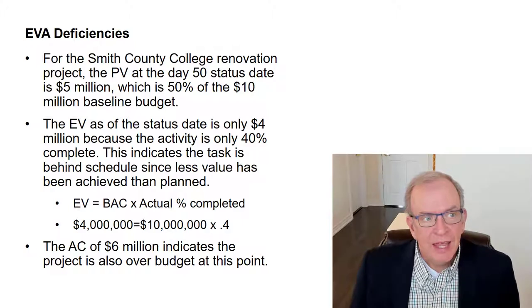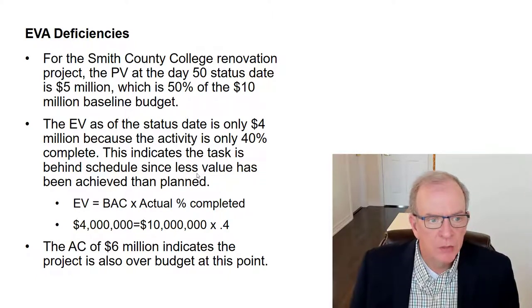So if we take that through and look at earned value analysis and where that's coming from, like we said, we had a planned value of 50 days and $5 million to be spent, and we're at $4 million at 50 days. We got that number because the activity is only 40% complete up to that point.